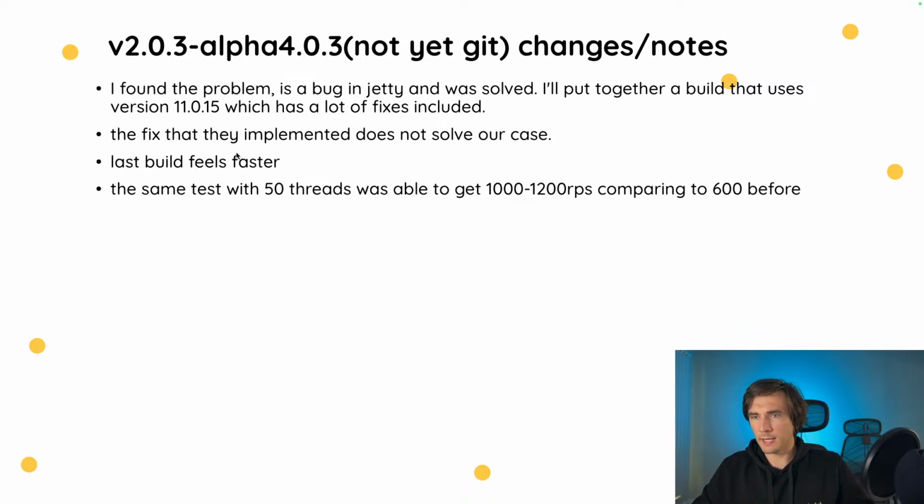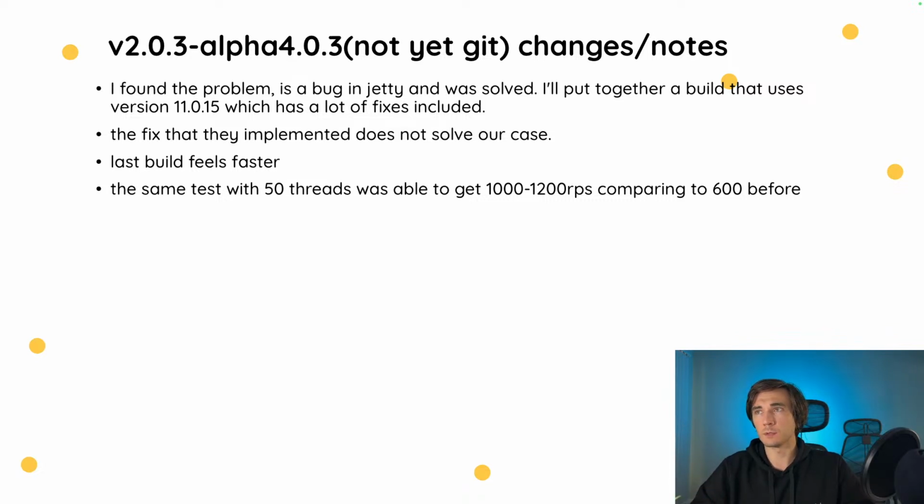All these problems are actually not in the plugin itself, because most of these limitations come from the Jetty client. David was able to find that they also have a lot of different bugs there. Some of them were fixed. He upgraded the version, so this Alpha 4 is using a new version of Jetty and also some other libraries.